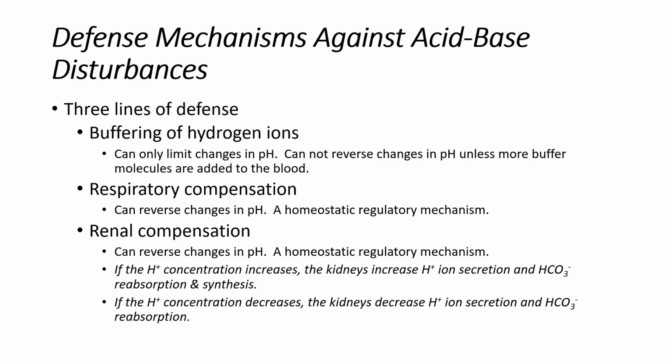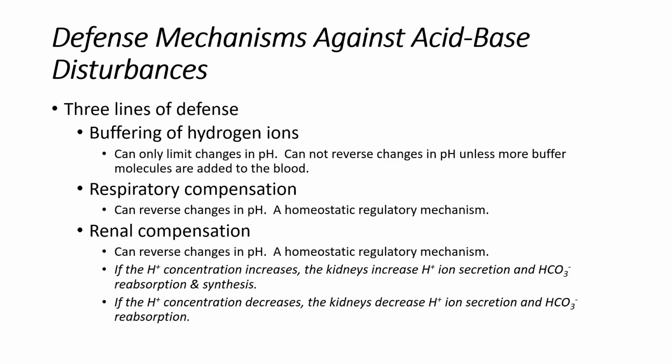Okay. So here we're going to look at the defense mechanisms against acid-base disturbances. We talked about four disturbances: two that were caused in the lungs, respiratory acidosis and respiratory alkalosis, and two that were created by any other means outside of the lungs, metabolic acidosis and metabolic alkalosis.